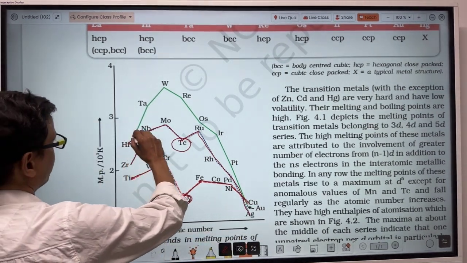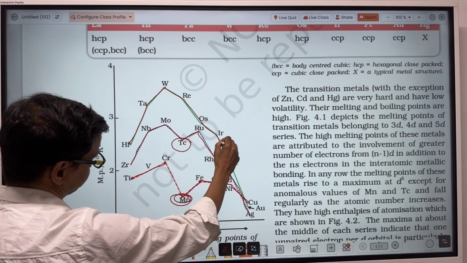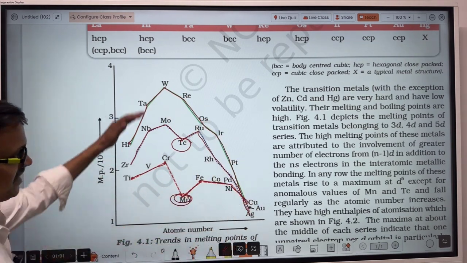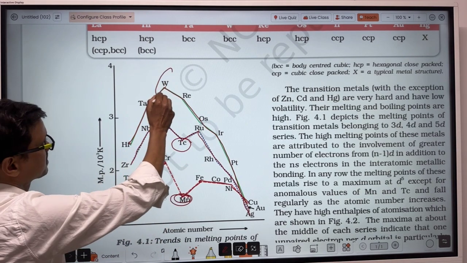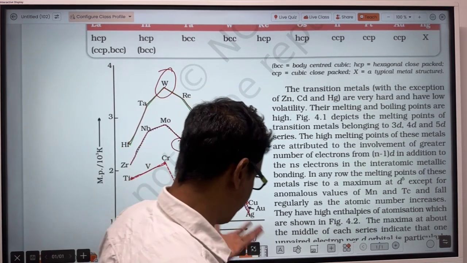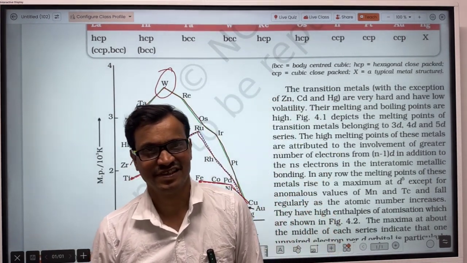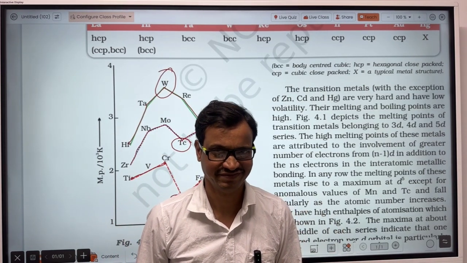Same here, the melting point increases up to tungsten and then decreases. From this graph you can predict that among d block elements, tungsten, W, possesses the highest melting point.